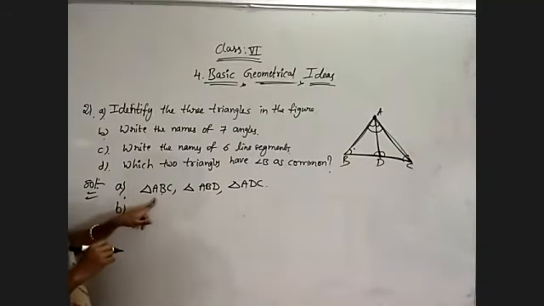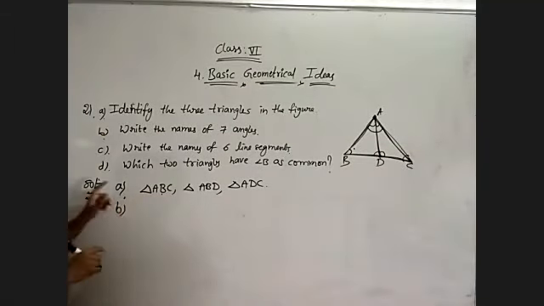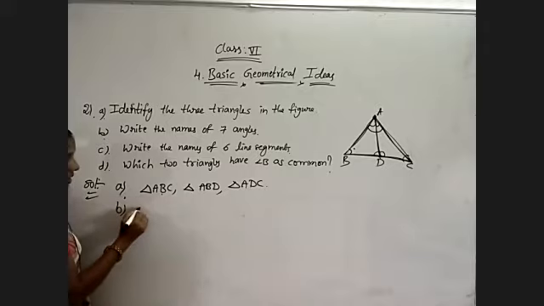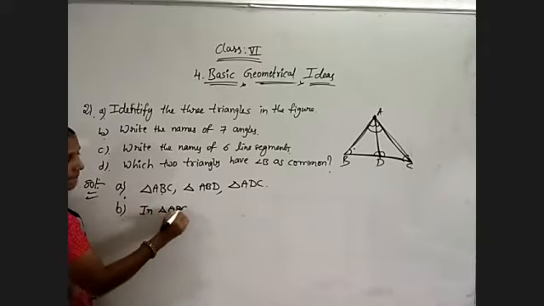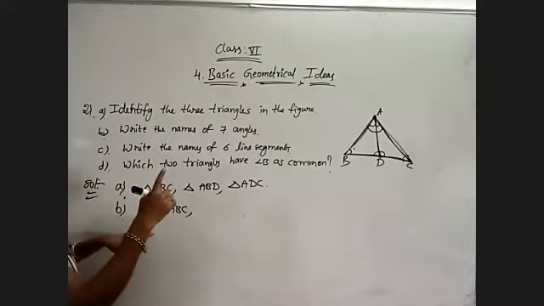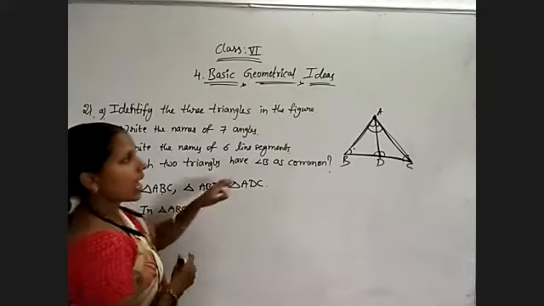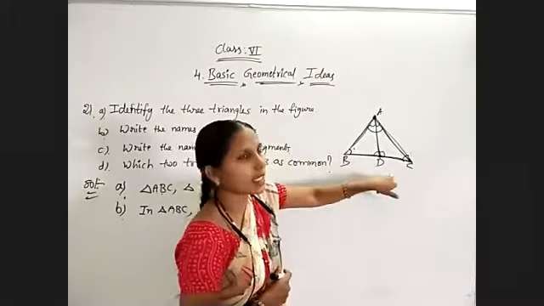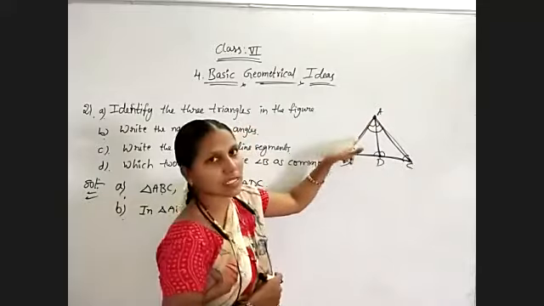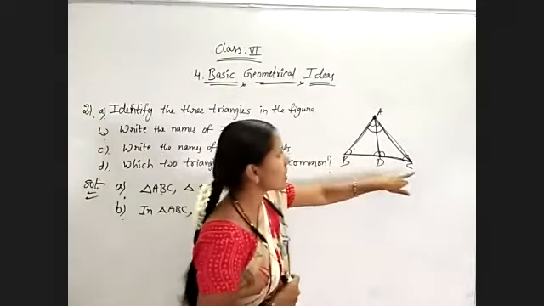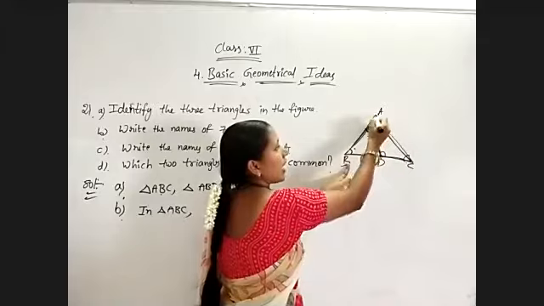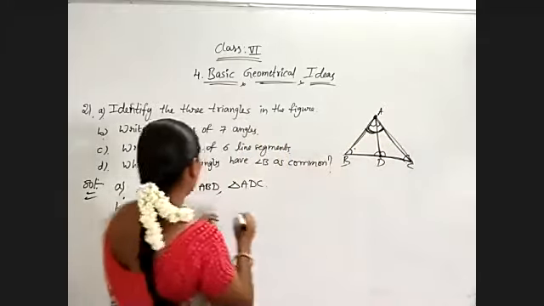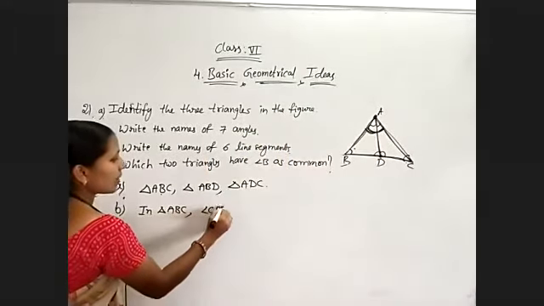Okay, in triangle ABC, what are the different angles? Angle A, angle B, angle C. Angle A completely we must take, that is CAB, this complete angle CAB.